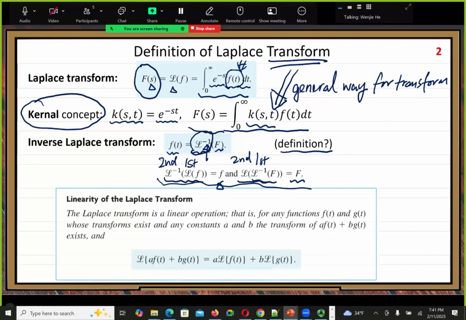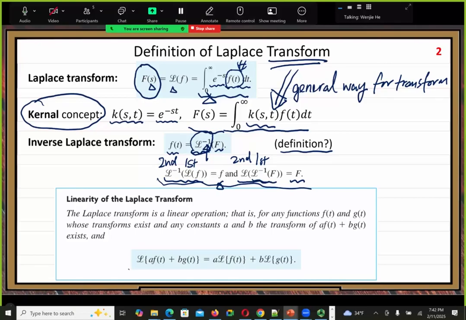Then, the linearity of the Laplace transform. Because we use an integral to define the Laplace transform, and the integral operation has the linearity property, just as the derivative operation does, the Laplace transform inherits the linearity property from the integral.